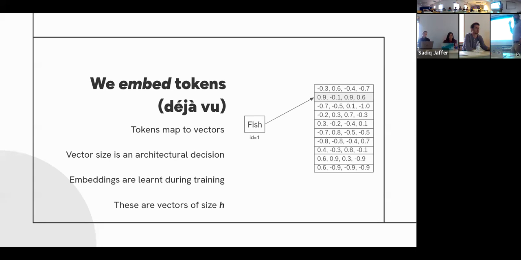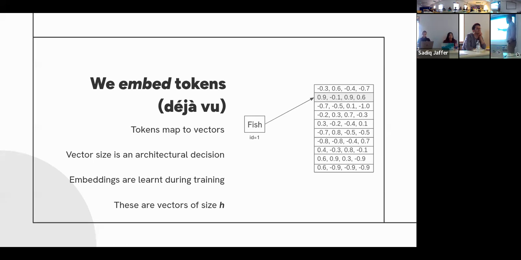Now, for reasons we'll come to in a second, that h, the hidden dimension or the embedding size, is constant across the whole of the transformer. It propagates all the way through, so that's quite an important architectural property. And as before, these are randomly initialized, and they are learned as part of the training.